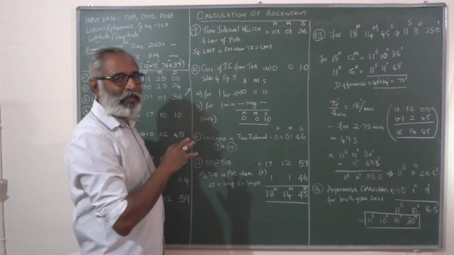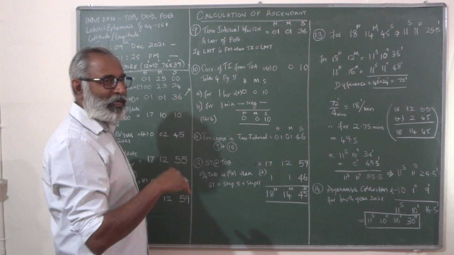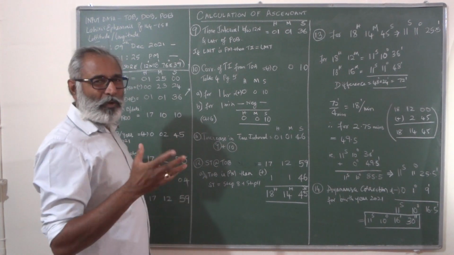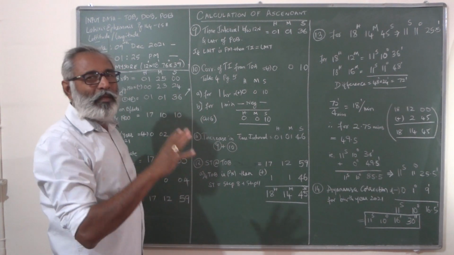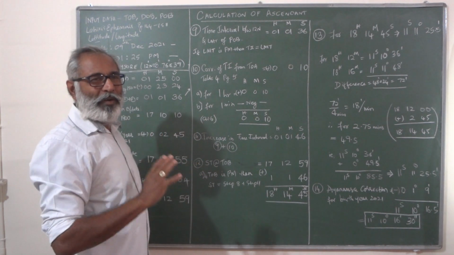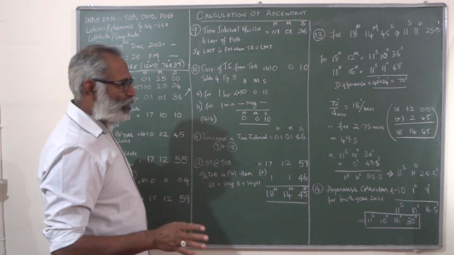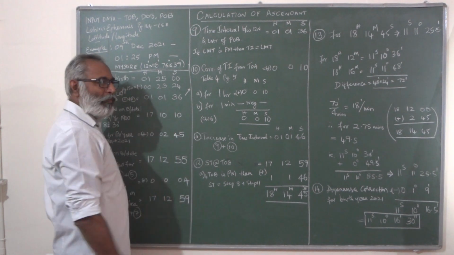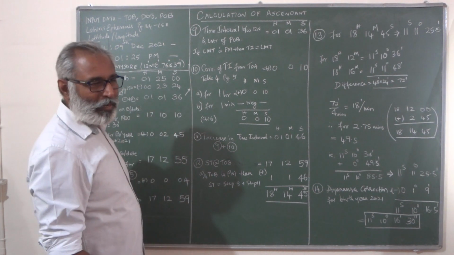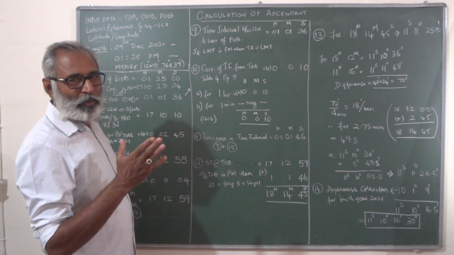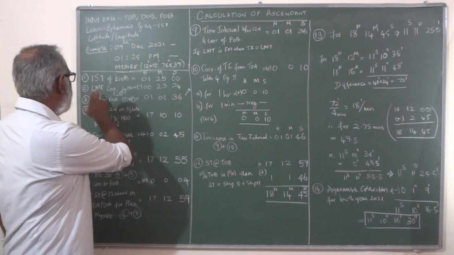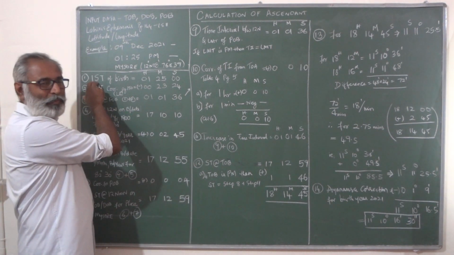If it is AM, then we have to do something else. If it is the southern hemisphere, we have to do something else. All these are there, which I will clearly cover in separate videos. So this is for birth between 12 p.m. and 12 a.m. The I.S.T, Indian Standard Time, has been recorded.